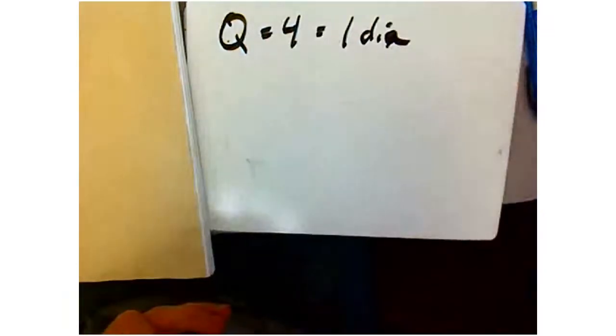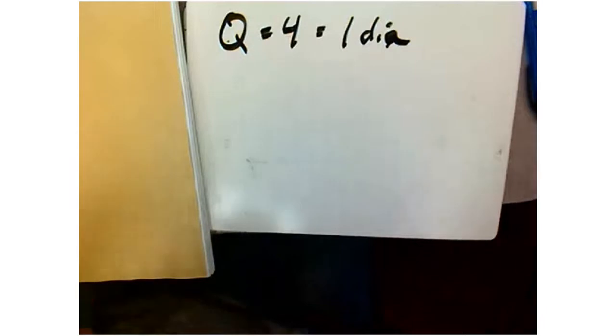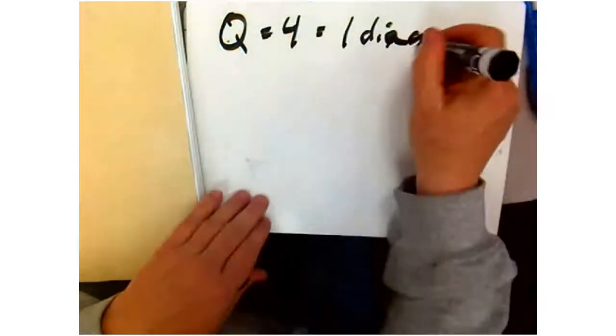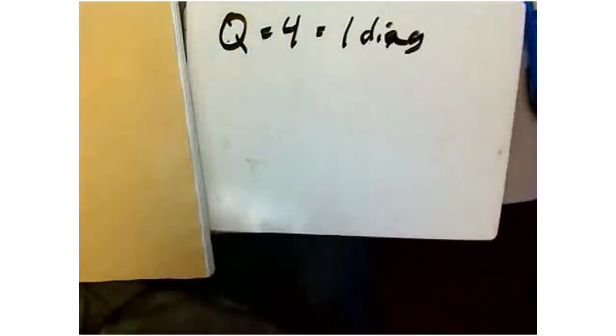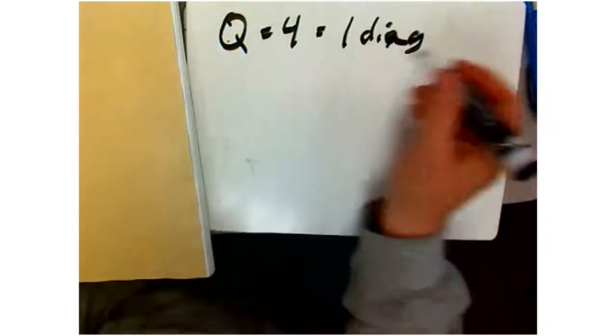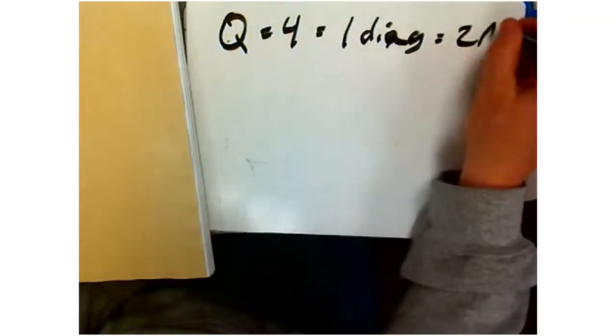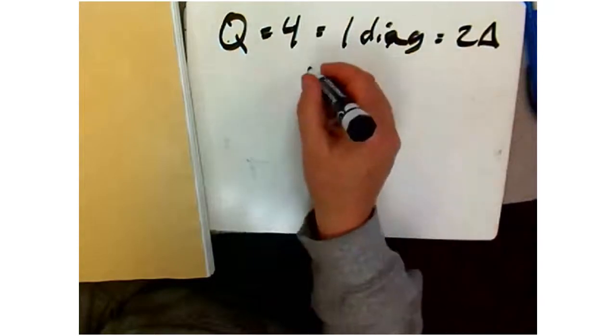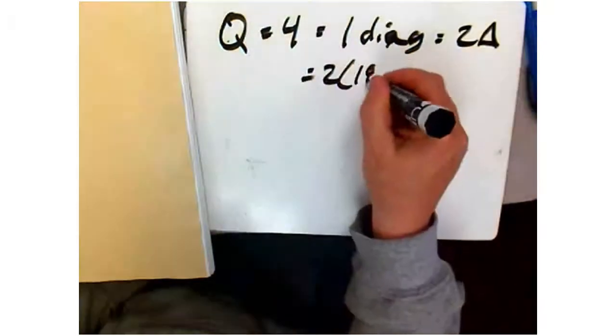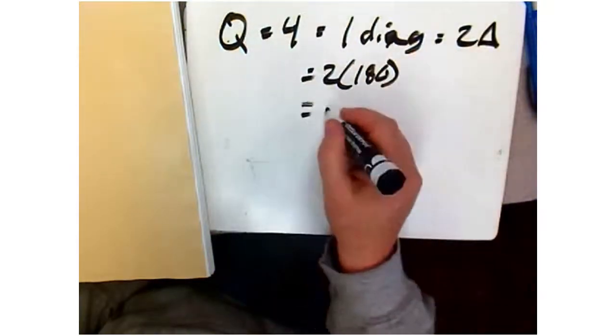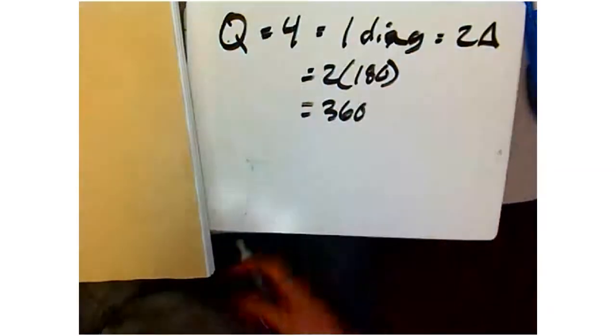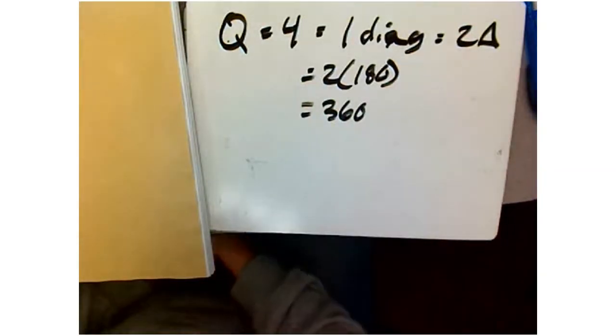We could have one diagonal from A, we could have one diagonal from B, but we can only get one diagonal from any given vertex. That splits it into two triangles, which means it's 2 times 180 degrees, so we know the sum of the interior angles is 360. Did you follow that? Yep.